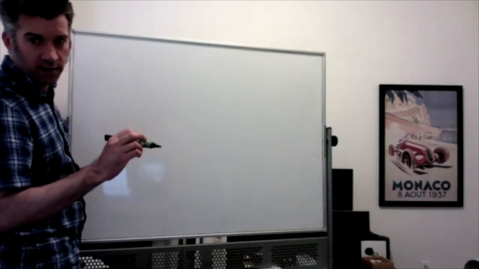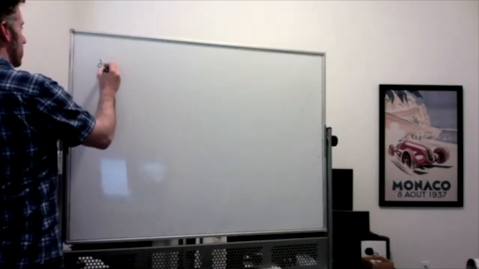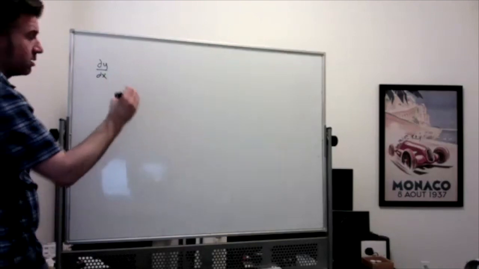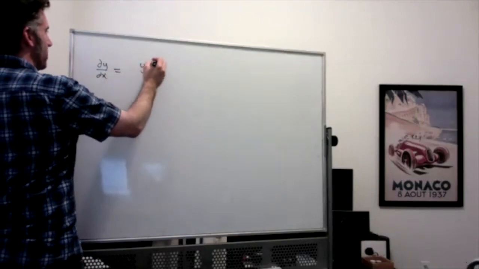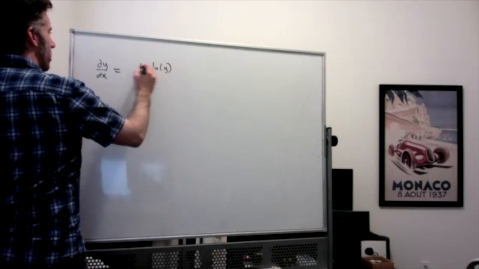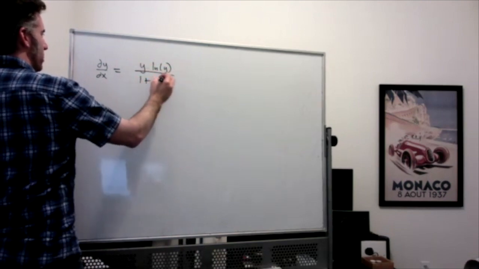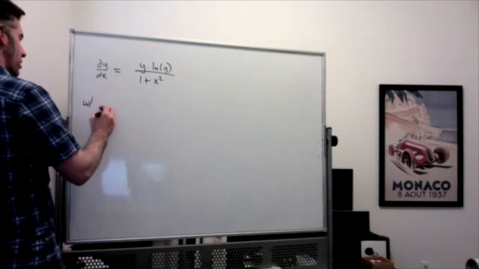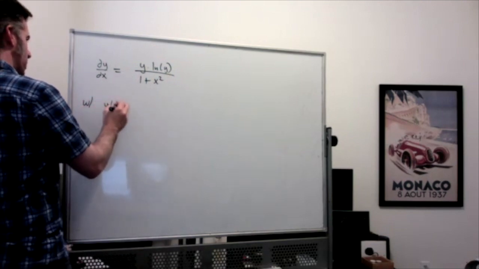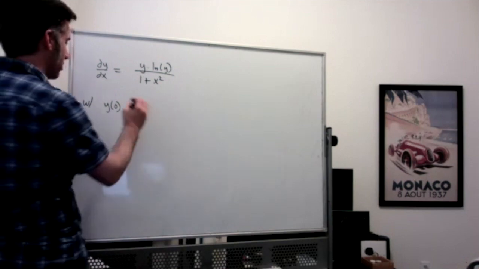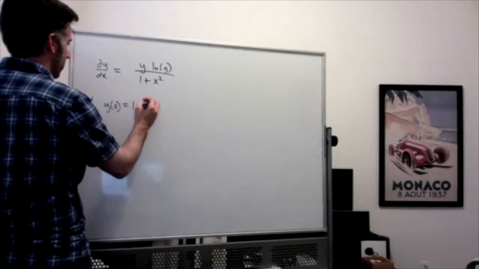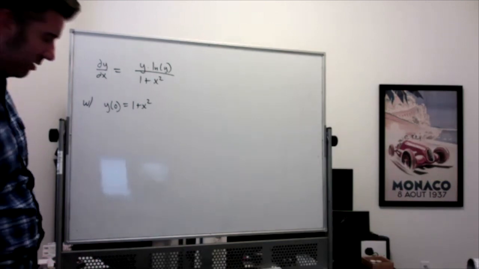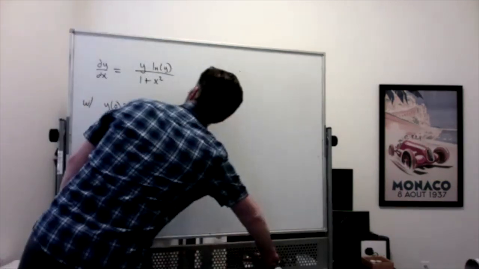Let's say I've got dy/dx equal to y times the natural log of y divided by 1 plus x squared, with the initial condition that y of 0 is equal to e squared, sorry.